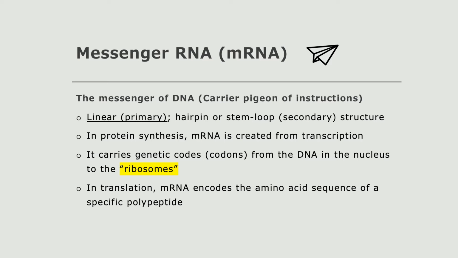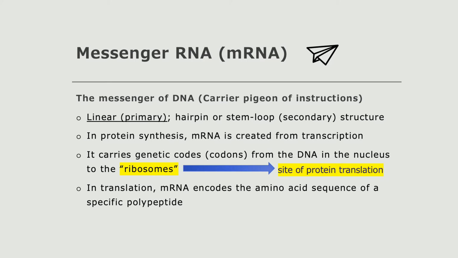Again, in protein synthesis, mRNA is the product of transcription, and it is made in the nucleus, in eukaryotes that is. It contains codons from the DNA in the nucleus, and it carries it to the ribosomes, which are the site of protein translation.